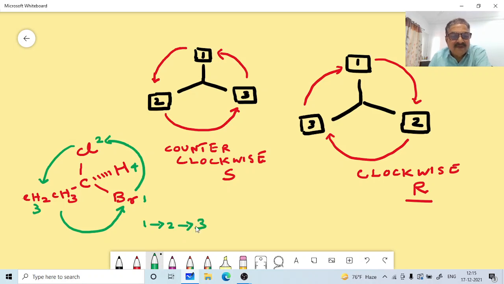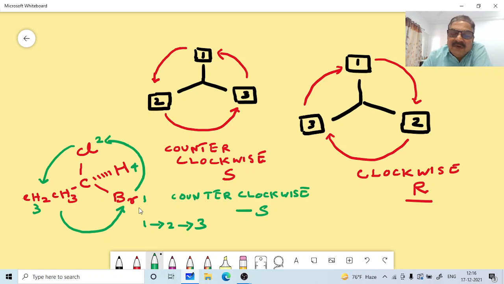This is the way we have to trace the circle. That means priority number 1, say bromine, to 2 and 3. When you are looking from here, hydrogen is behind actually, on a dash. There is no problem. Therefore, tracing the circle, it will be counterclockwise. Counterclockwise, it will be S. Correct? This is how you will have to do things.